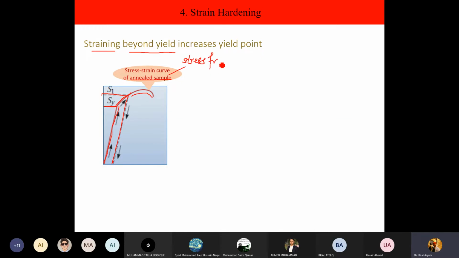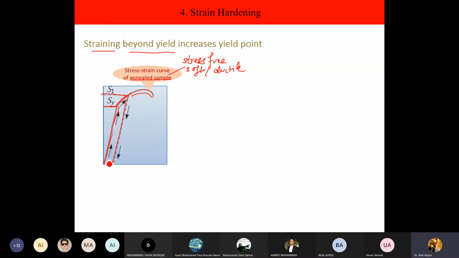There are no internal stresses, and it's relatively soft and ductile. You'll see how we prepare an annealed sample in the last half of this course. But at the moment, you need to understand that it's a stress-free ductile sample.